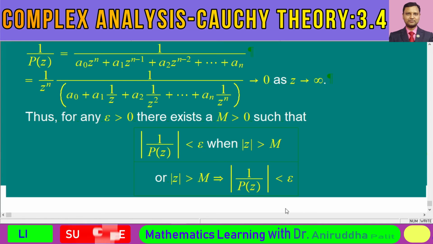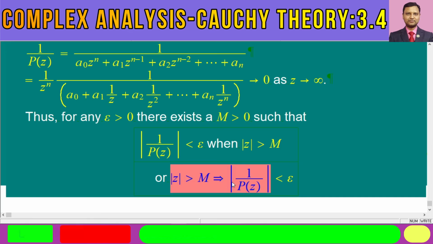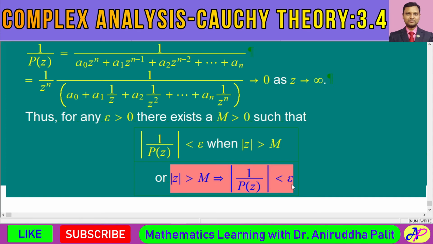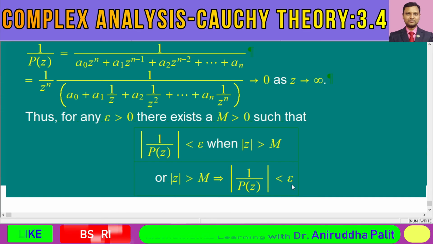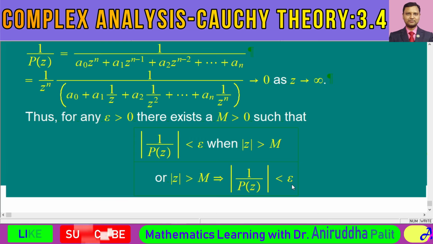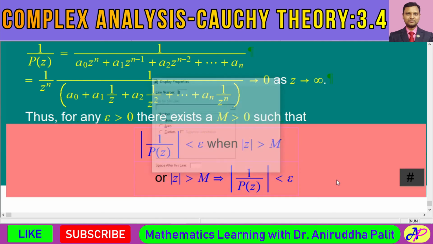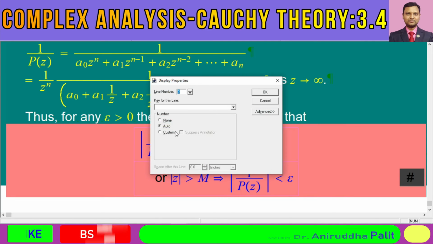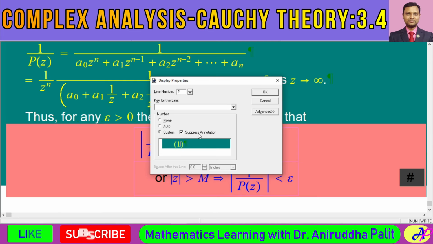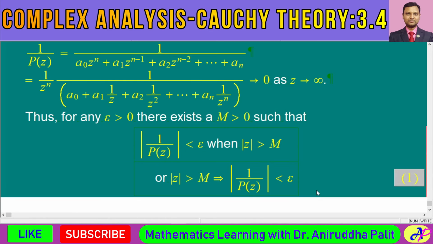Modulus of z greater than M implies 1 by p(z) less than epsilon. Now you see 1 by p(z) is less than epsilon, fine, no problem. Let us call it relation number 1.